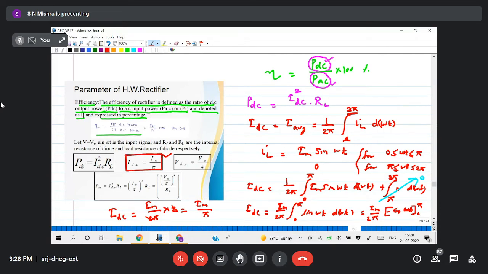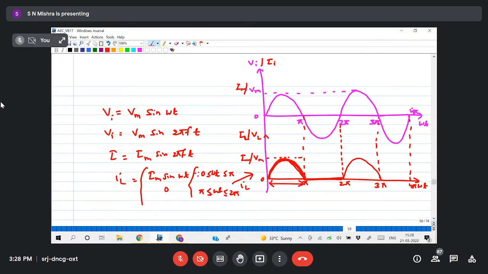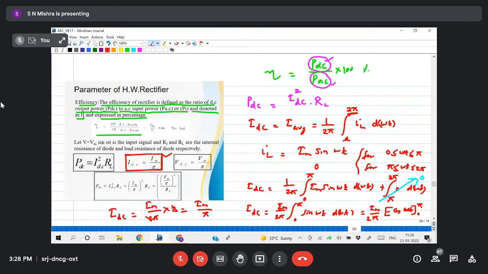If you take voltage, everything will remain the same. You can take a voltage signal or a current signal. I have derived it here by taking the current signal. You can also take the voltage signal. If you take the voltage signal, you will get VDC equals Vm by pi. You can try this also.